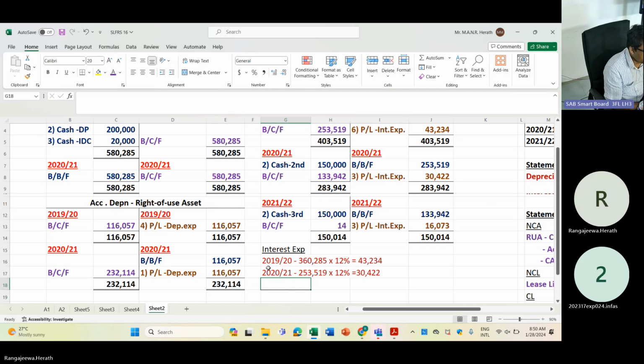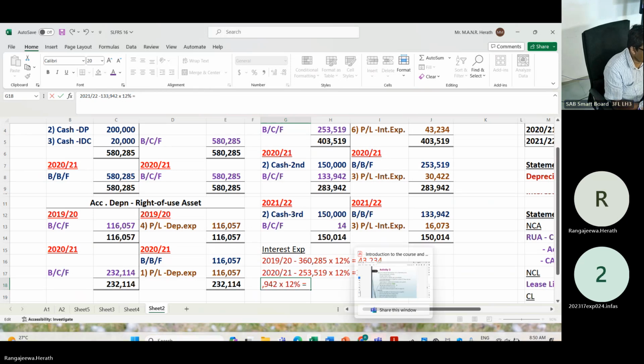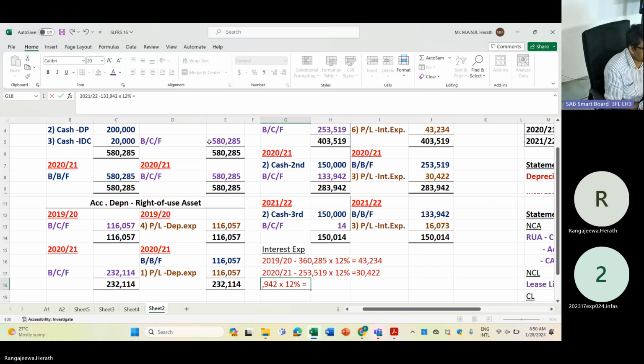Interest for the 3rd year 21-22. Now the balance is 133,000. 942 into 12%. Given 30 interest.